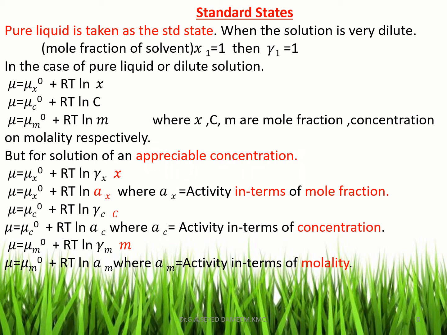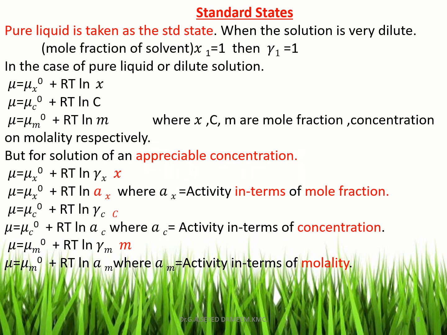Here gamma x, gamma c, gamma m are all activity coefficients. Gamma x means activity coefficient in terms of mole fraction, gamma c means activity coefficient in concentration, and gamma m means activity coefficient in molality.